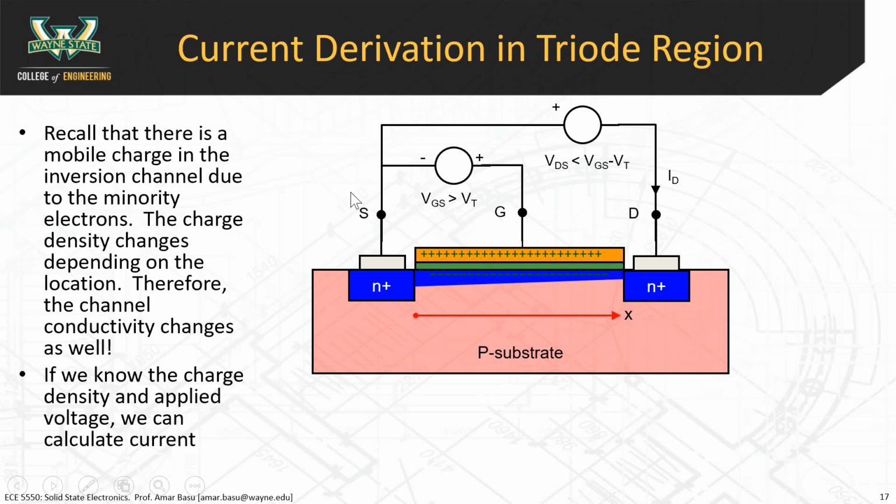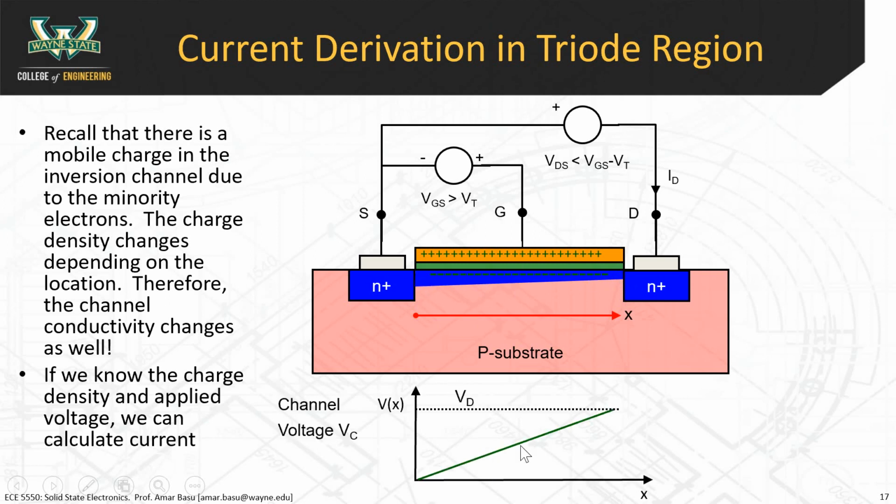Now we're going to derive the current. These are the mobile electrons that have aggregated near the gate region. This is the x coordinate. The concentration of electrons is higher on this side and lower on this side.